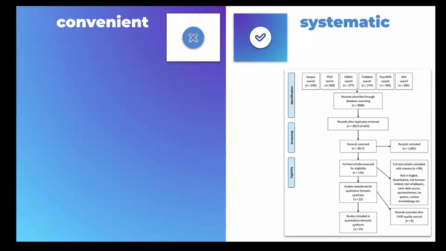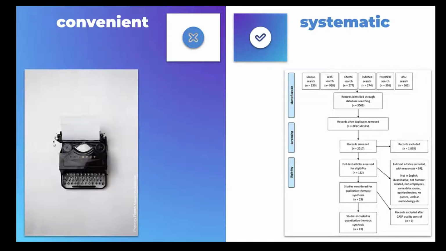They do not typically include any information at all about search or review methods. Rather, these searches could be labeled as convenient. Even if researchers were systematic in their search, the omission of those details from the manuscript makes it appear that the search was convenient.